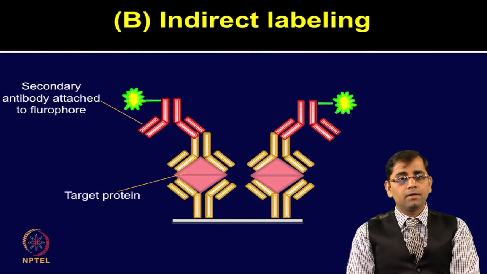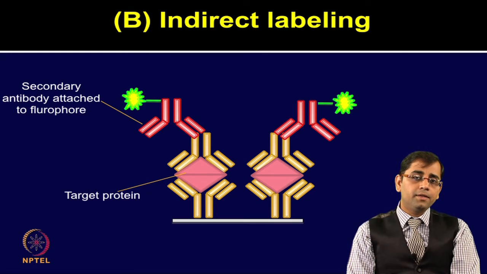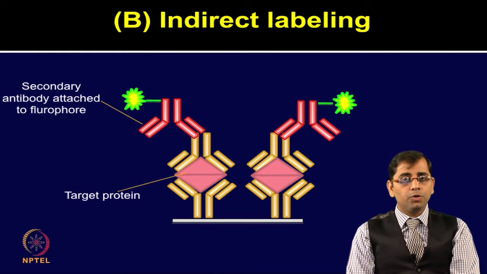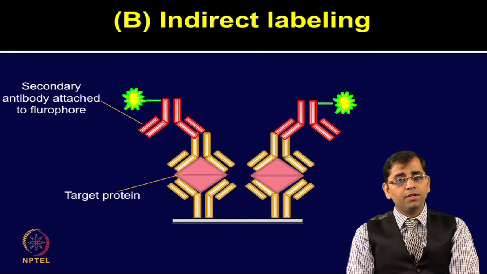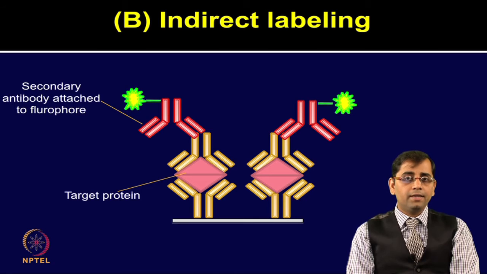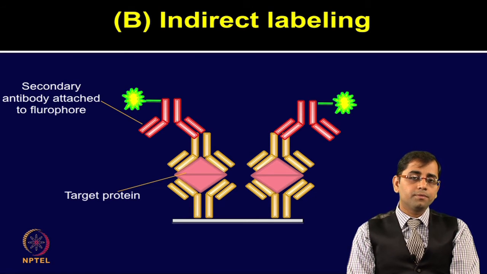Indirect labeling. In the indirect labeling method, the unlabeled target molecules are captured by antibodies which are immobilized on the microarray surface. Detection is carried out by a secondary antibody which is attached to a fluorophore molecule.